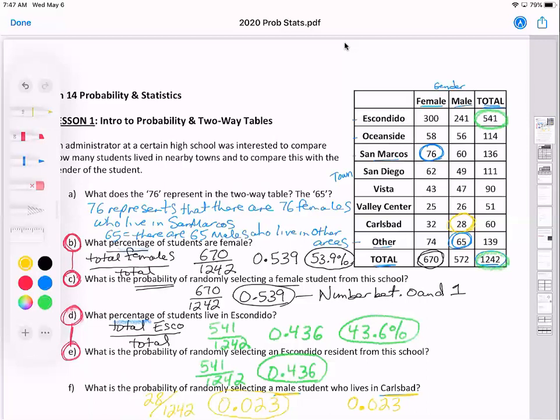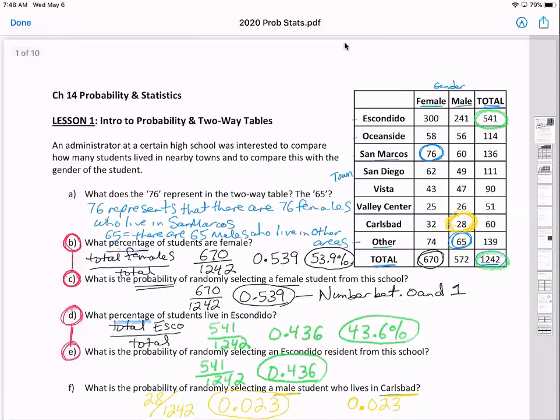It's a little easier to process. I know for me, it's easier to process if I see the 0 point something rather than just leaving it as a dangling .023. So that's our probability. I'm trying to make sure you can jump from, hey, if you can find a percentage, then you can find a probability. And this one, we were looking inside the table for males who live in Carlsbad.